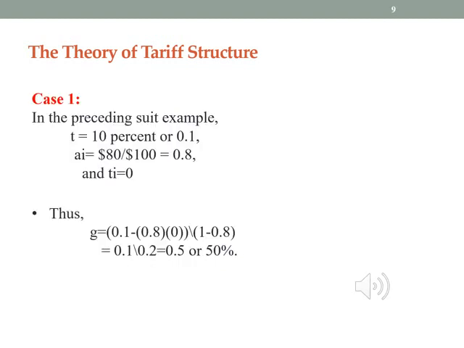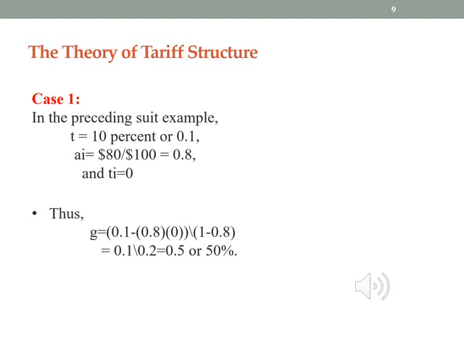So let's apply this formula on our example of wool and suits to calculate the rate of effective protection. So in this example, we have T equals 10%, which was the nominal tariff on the final product, the suit, and we have AI equals $80 divided by $100, where the $80 is the value of the imported wool, the imported input, and the $100 is the free trade price or the international price of the suit in the international markets.